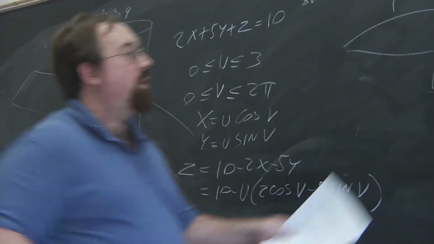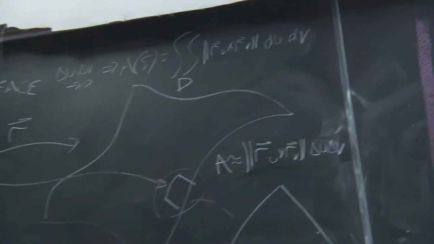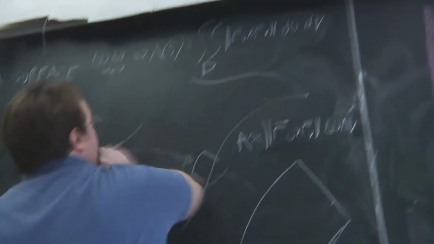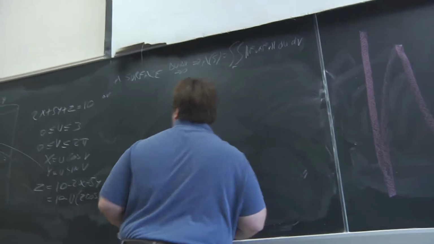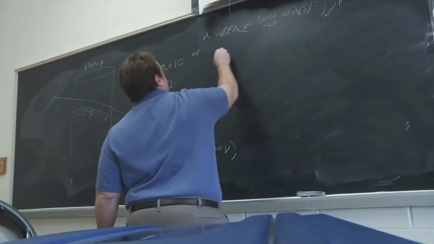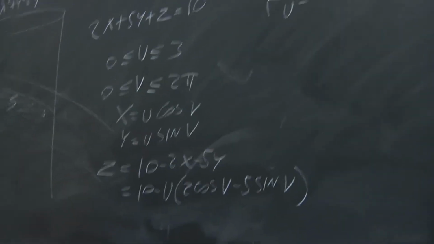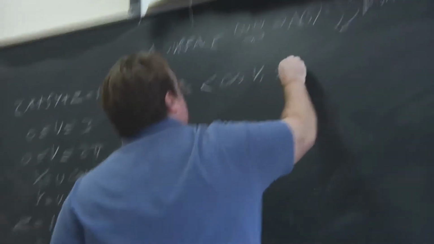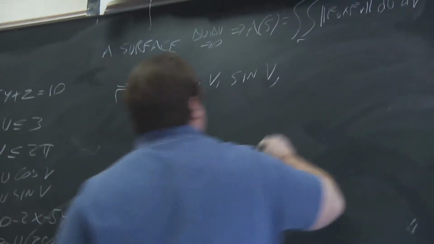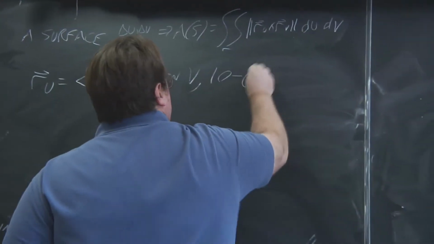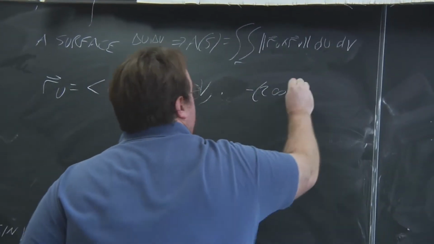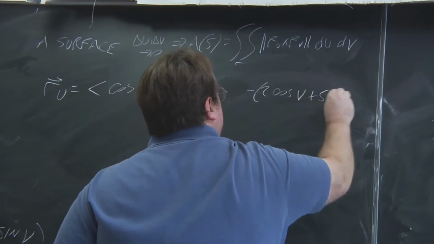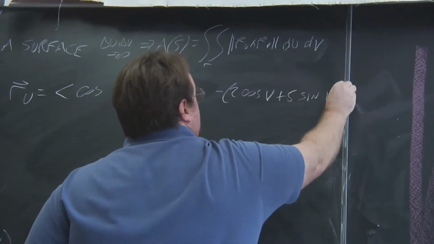So now we can use this formula. We have to compute RU and RV first. For RU, we differentiate all of these with respect to u, so we get cosine v, sine v, and minus 2 cosine v minus 5 sine v.